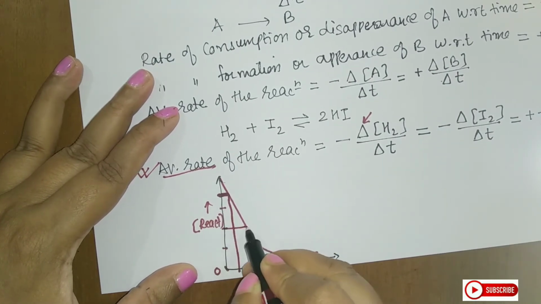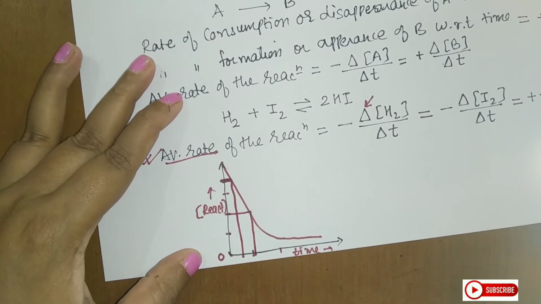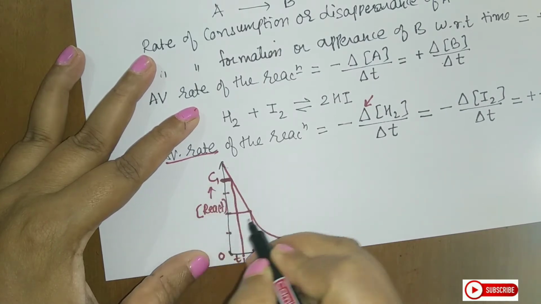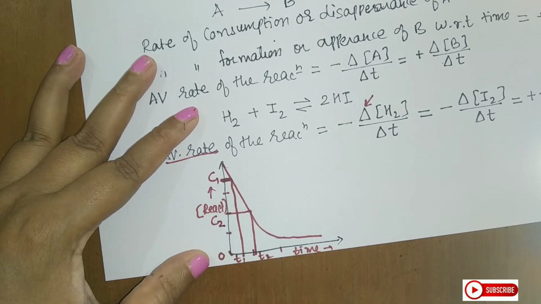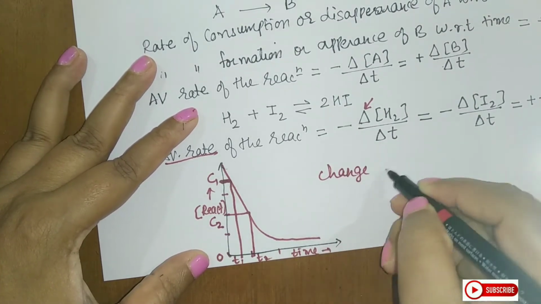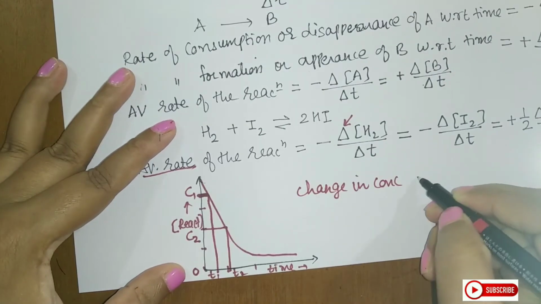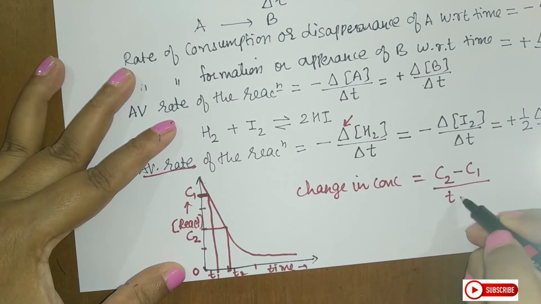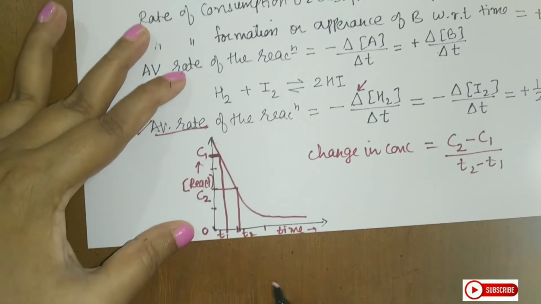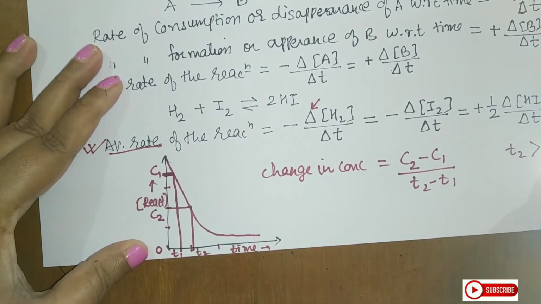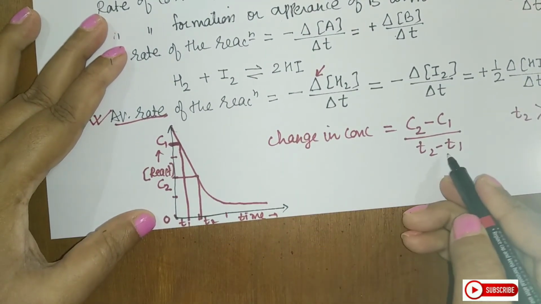After some time, I'll mark this as this. Students, I will call this time 1 and time 2. So this will be my C1 and this is my C2. So when I see the change in the concentration, change in concentration is equal to C2 minus C1 upon T2 minus T1. If I see the value of T2, T2 is greater than T1. So the change here will be positive.